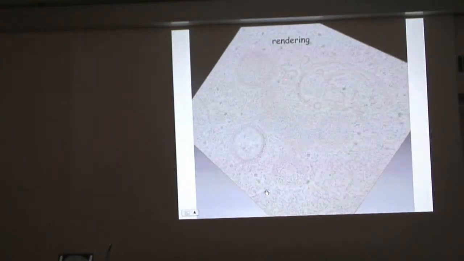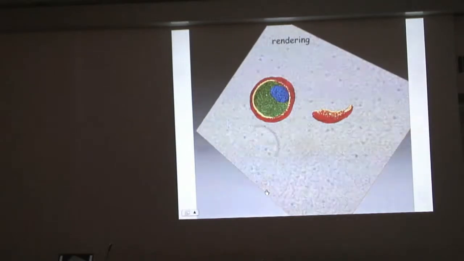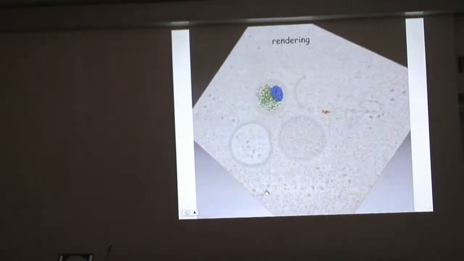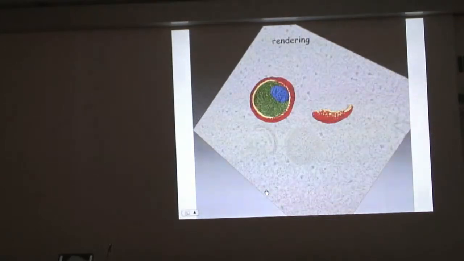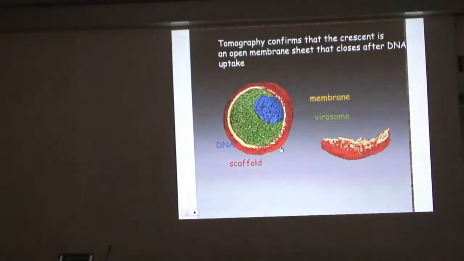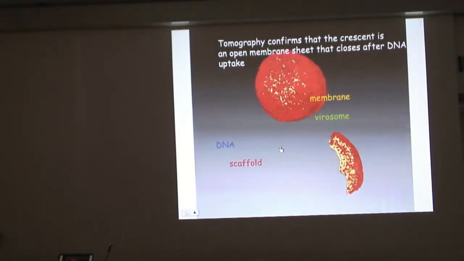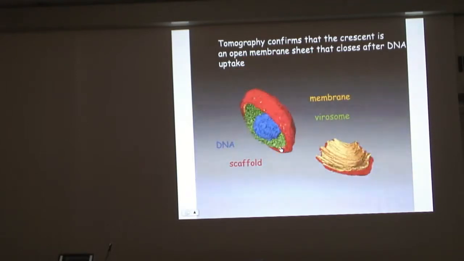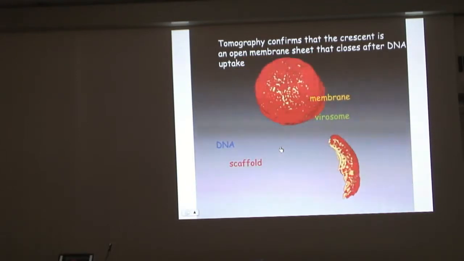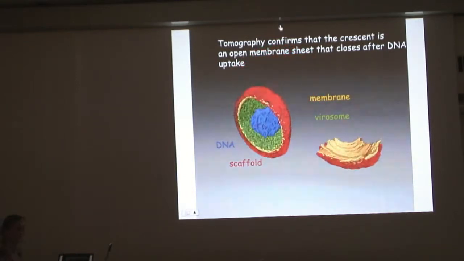Basically what you see here now, in yellow is the membrane, in red is the scaffold protein, and in blue the DNA. And what becomes very obvious when you do this is that the crescent membrane is an open membrane sheet, because remember we are talking about 3 dimensions. Whereas the immature virus that has taken up the viral DNA has a closed membrane. So very nice and colorful.